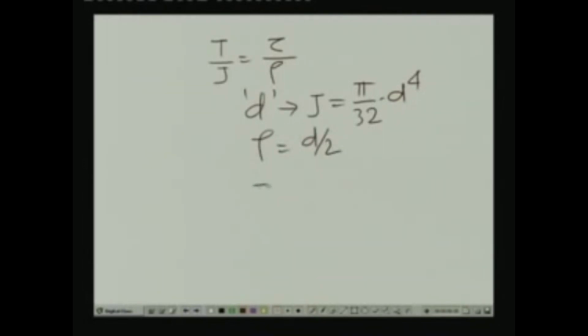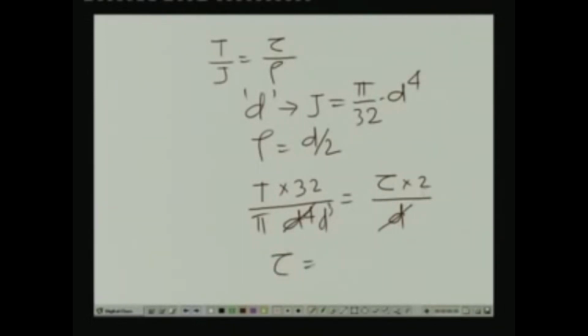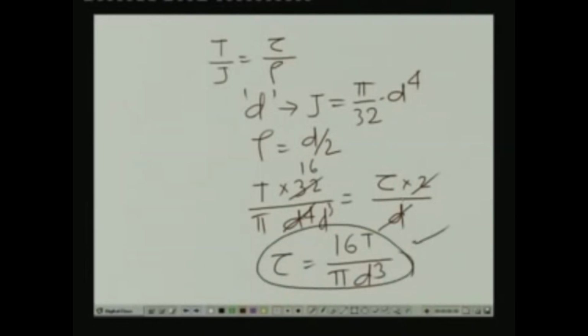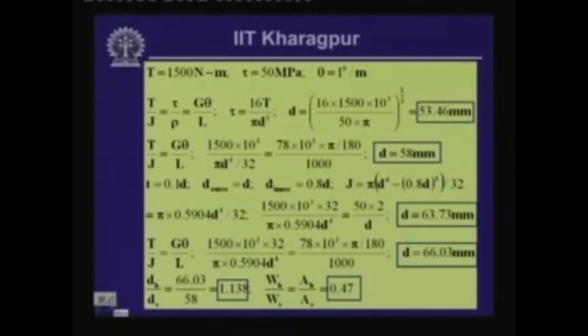So, T times 32 by pi D4 is equal to tau times 2 by D. So, this D cancels to D cube. So, tau is equal to 16 T by pi D cube. So, this is the value of tau that we have looked into here.